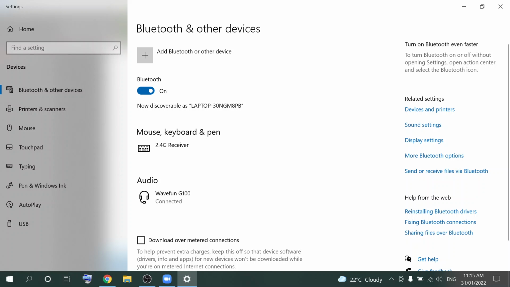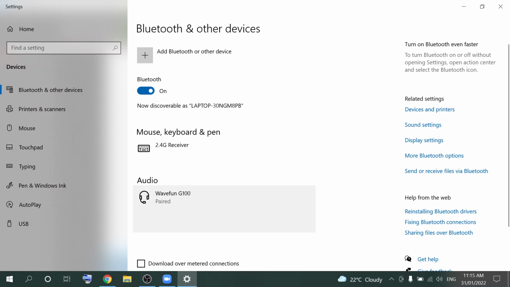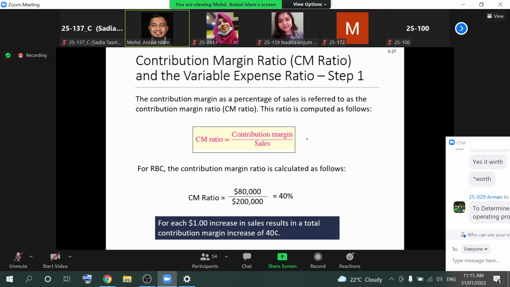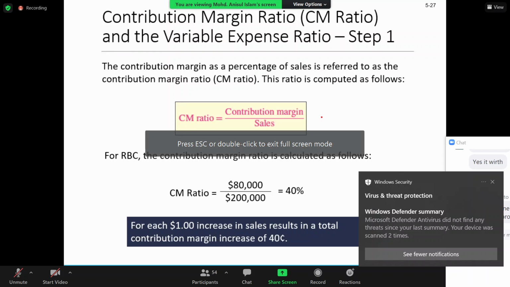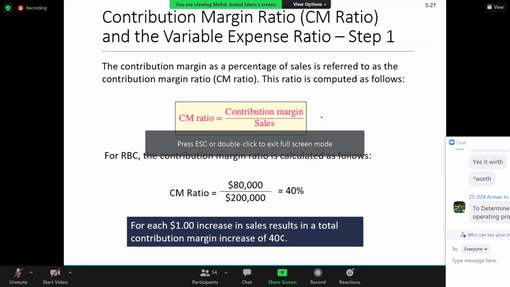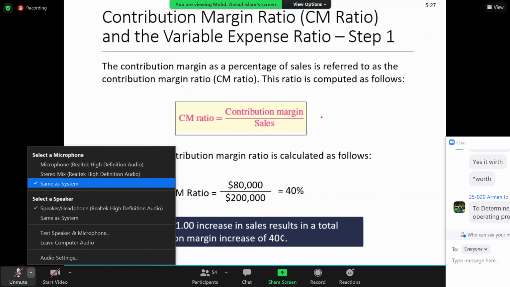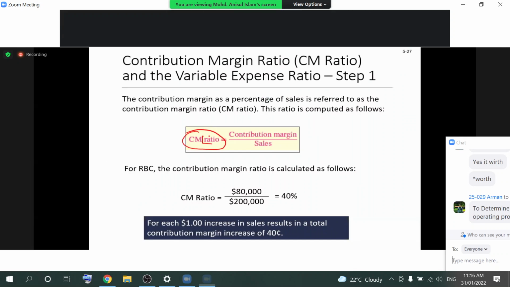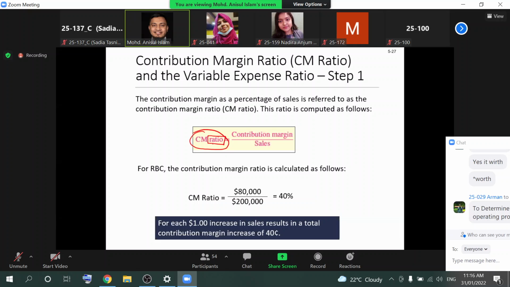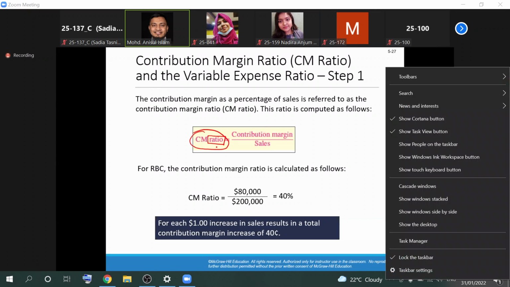So what can we do if we divide the contribution margin, either in total or per unit, by the sales? You see that we are not saying contribution margin, we are saying this as a contribution margin ratio.